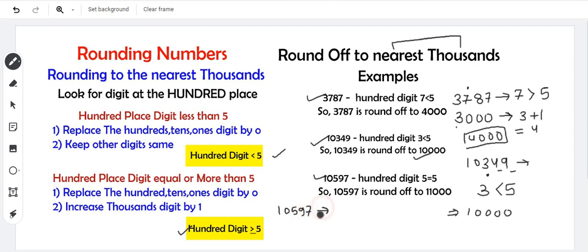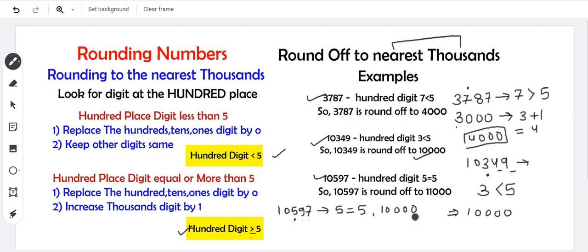10,597. Okay, first we will look for the digit at the hundreds place, which is 5. 5 is equal to 5. Okay, it holds the second condition. It means replace the hundreds, tens, ones digit by 0.